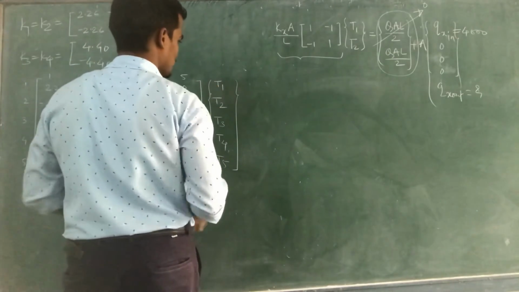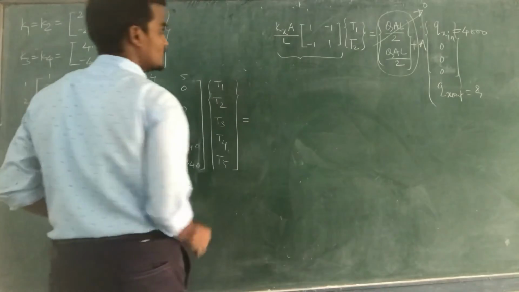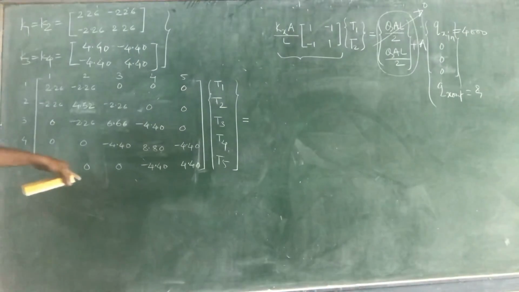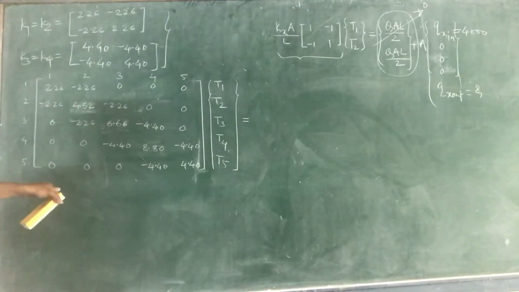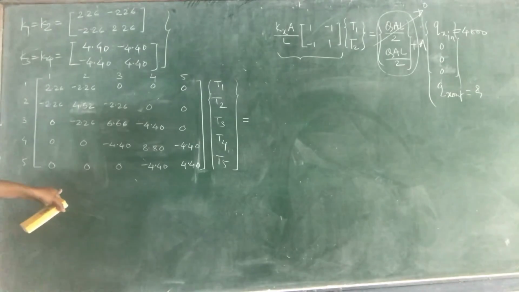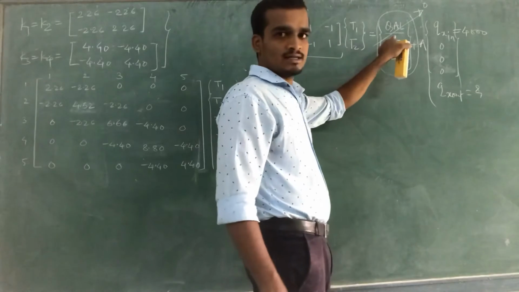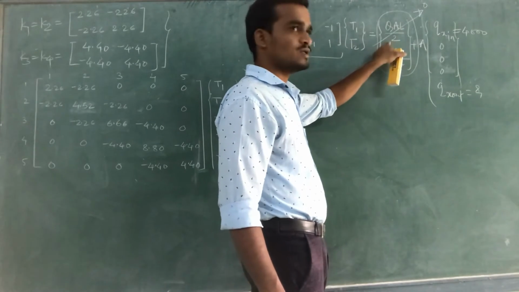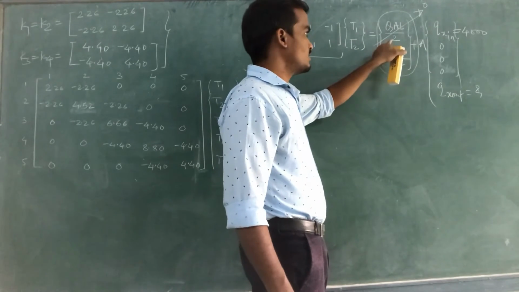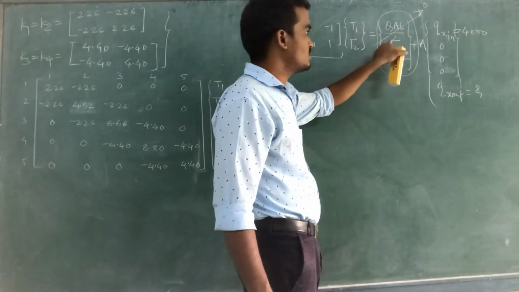matrices equal to, with the help of this temperature vector and load vector relationships, we can write this matrix into temperature vector is equal to this. As we know, this will become 0 because there is no internal heat generation source or sink in the cylinder.